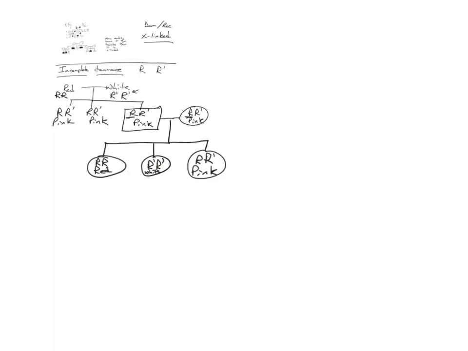All right, so that's not the only other kind of weird inheritance we have seen. There's incomplete, but there's also what we call co-dominance, right? And then there's multiple alleles. So with co-dominance, you would have, again, that big R, big R prime.